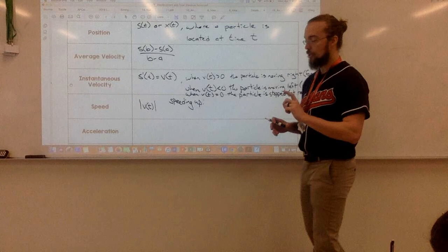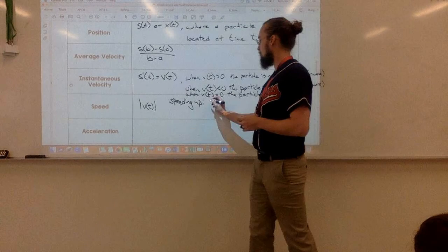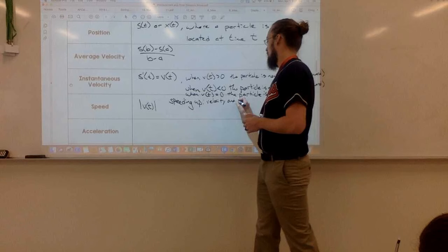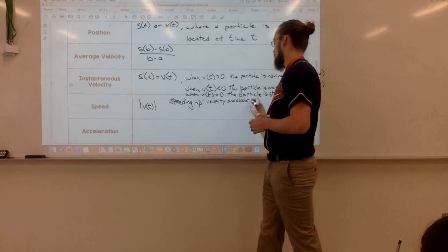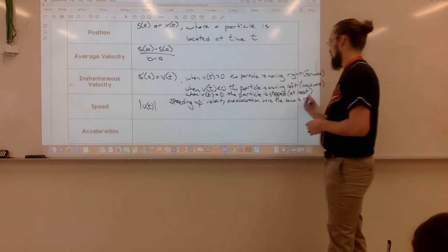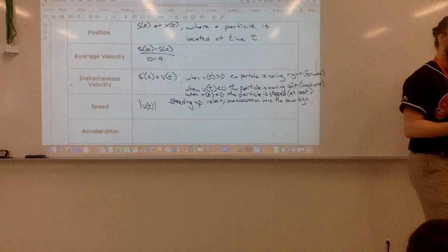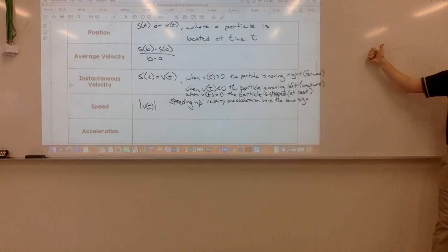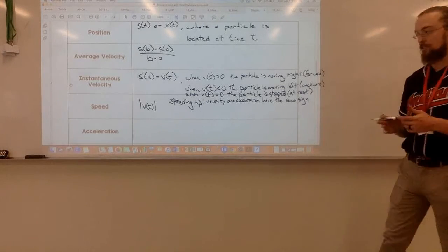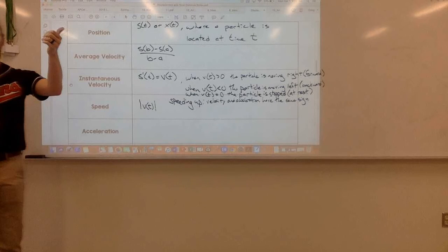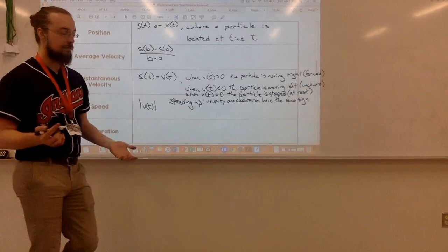There are a couple of ways that we can word this. I think the easiest way to think about it is that velocity and acceleration have the same sign. In terms of a graph, if the velocity graph is moving away from the x-axis, either going up or going down away from the x-axis, then velocity and acceleration would both be positive, or both be negative.